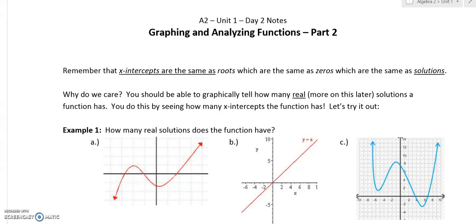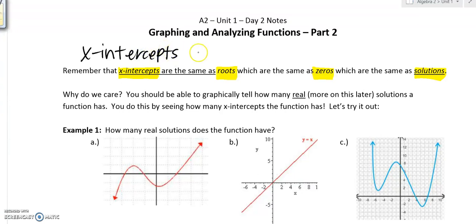So just to remember a few things, remember that the x-intercepts are the same as roots, which are the same as zeros, which are the same as solutions. That can get a little bit confusing, so let's write this down. I'm going to highlight those key words here. So let's go ahead and write down x-intercepts.